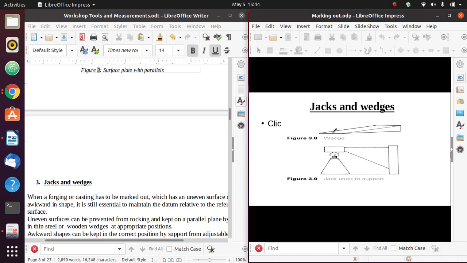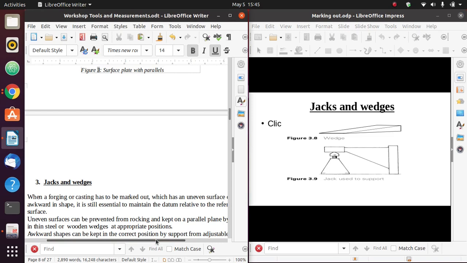I'll put a wedge at a certain location, or the correct position, so that I can support my irregular shaped workpiece. For example a casting which has a very, what do I say, uneven surface.